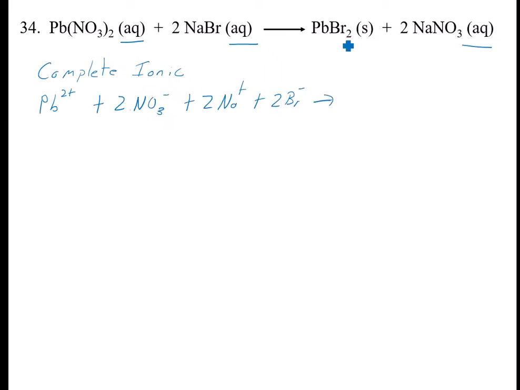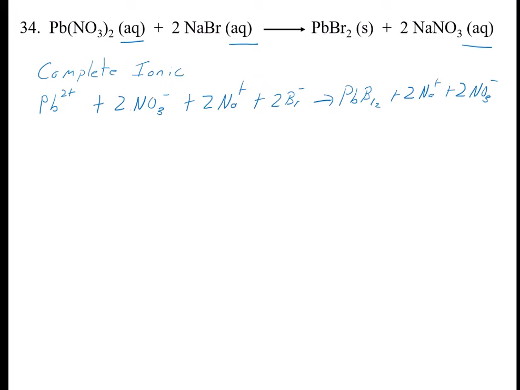I didn't underline that one, so it stays together as PbBr2. But I did underline this one, so 2 times 1 is 2 Na plus, again recognizing that that's nitrate from naming, so it stays together, 2 NO3. So that's the complete ionic.